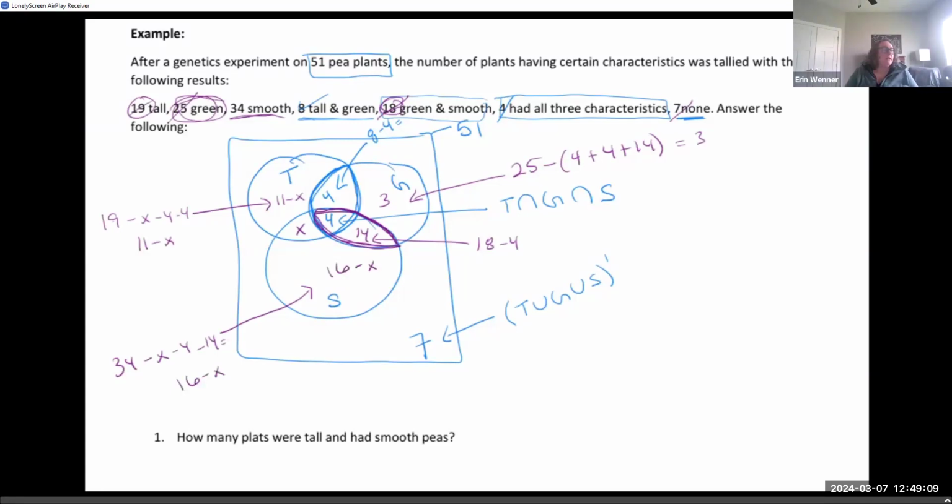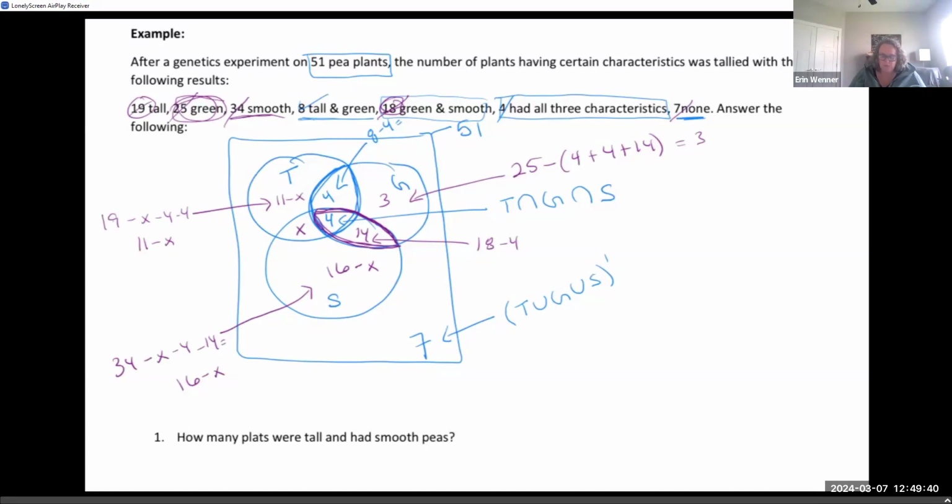So you might be looking at this now and go, great, Erin, everything's in variables and I still don't know what we want to do. Well, there's one last piece of information that we haven't used. Again, crossing things out as we go through. At the very top, remember I told you it was really important to recognize that the whole rectangle, the universal set, all the plants that we're discussing, is represented by 51 pea plants.